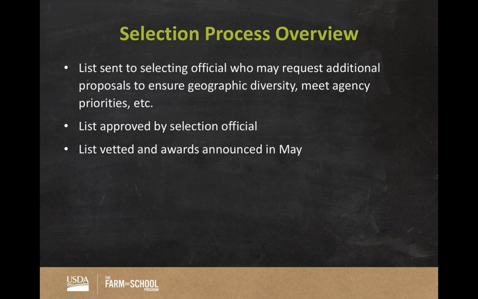We then will vet those particular grants and essentially just make sure that they are good grantees across the department. There's no federal debt, things of that nature. And then we have our final list, and we're able to make our announcement in May regarding who has won funding.